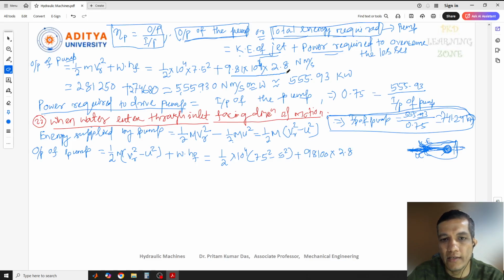The same terminology is there here, so we will get the same value as before. Only this one we need to calculate now.